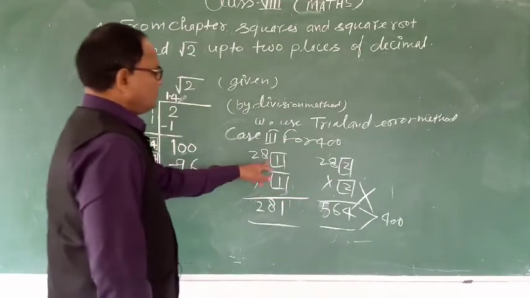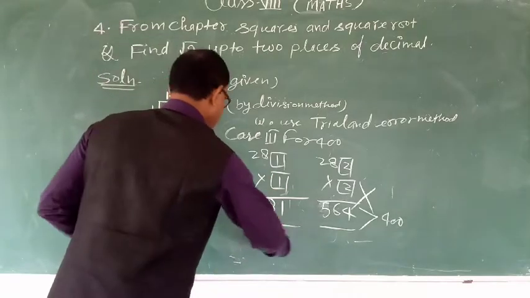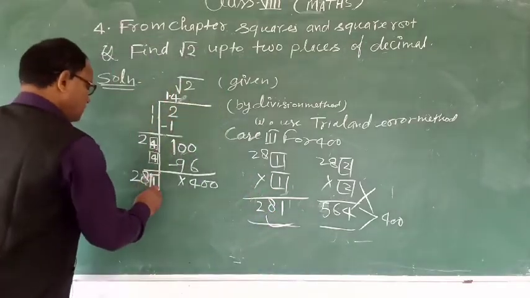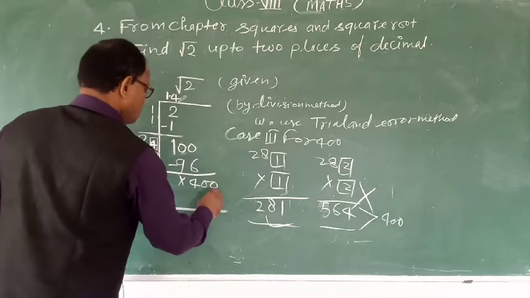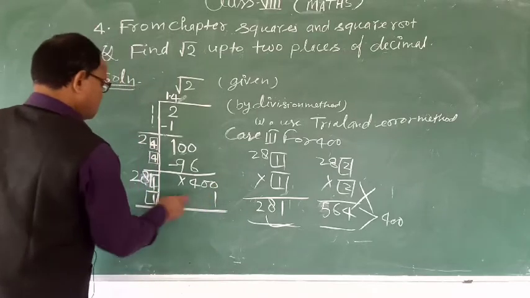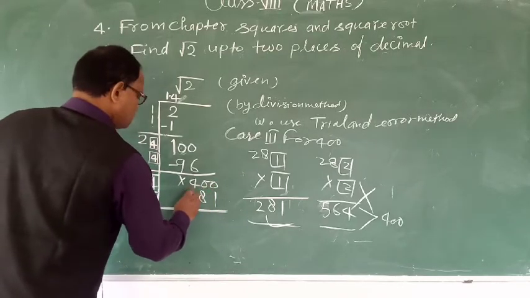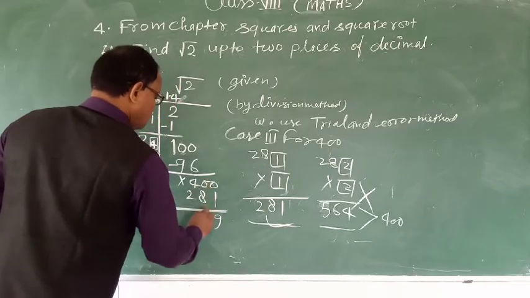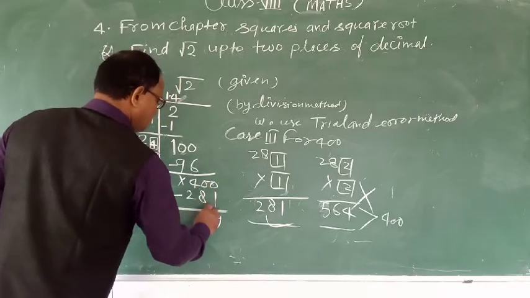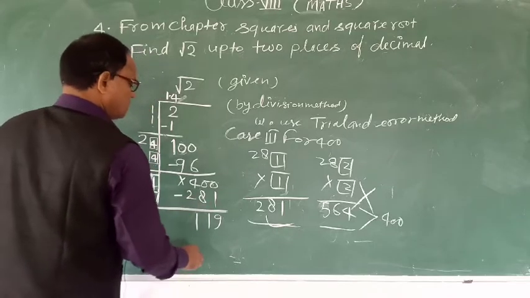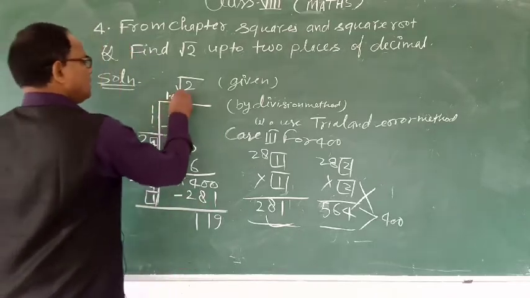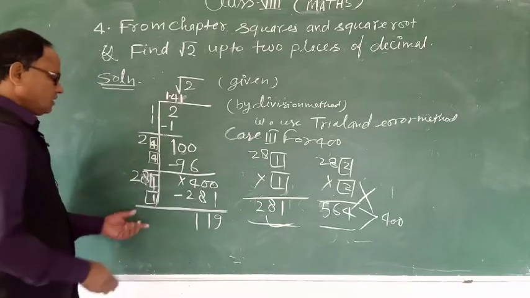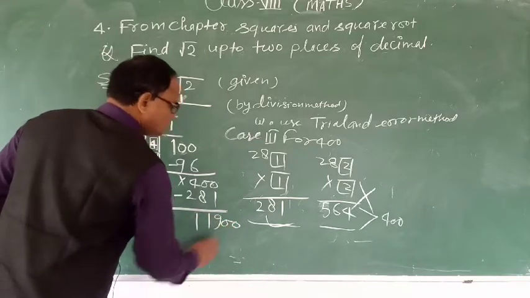Okay, 1 is suitable for this. Here we can write 1 1 is 1, 1 8 is 8, 1 2 is 2, 10 minus 1 is 9. Here 9 minus 8 is equal to 1. Here 1. Okay, student. And after this we write double zero.